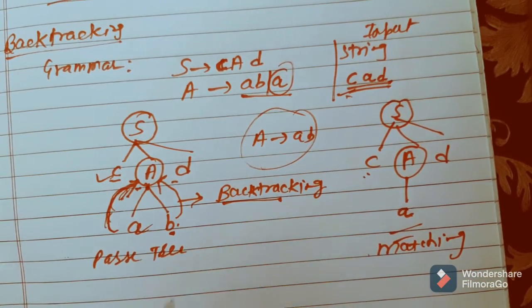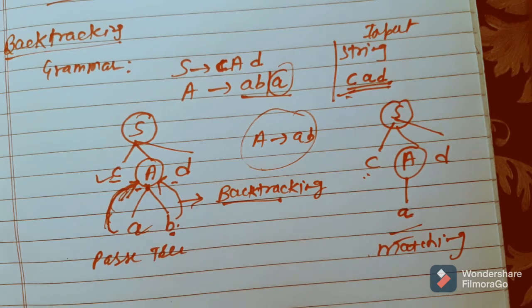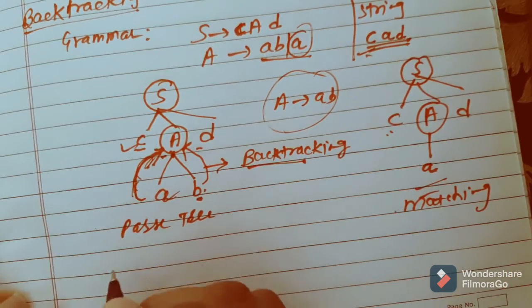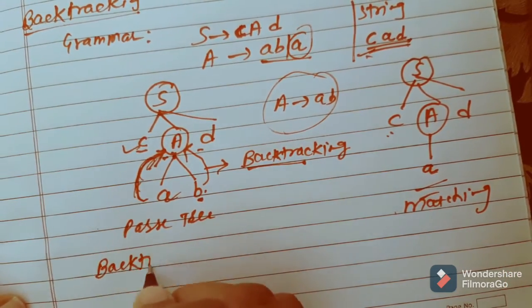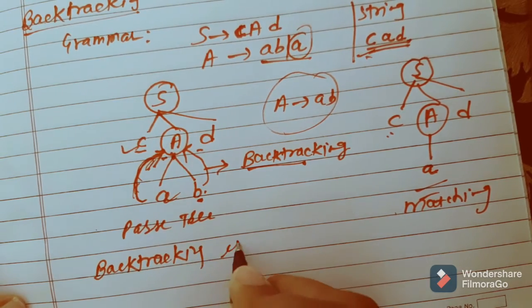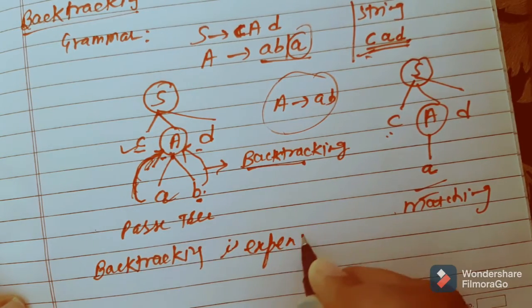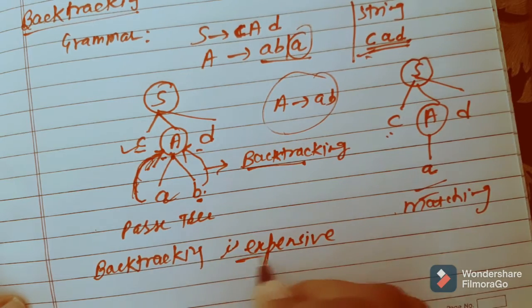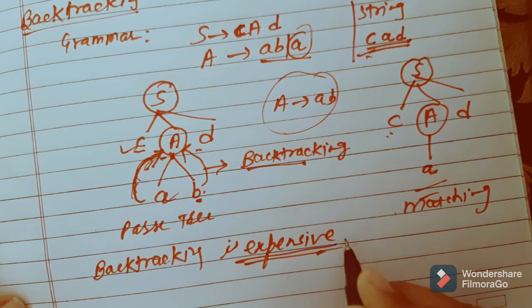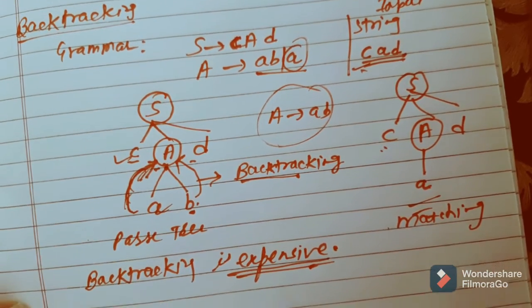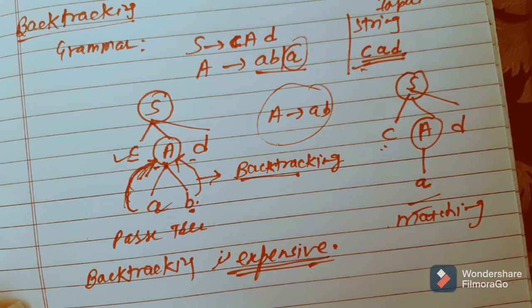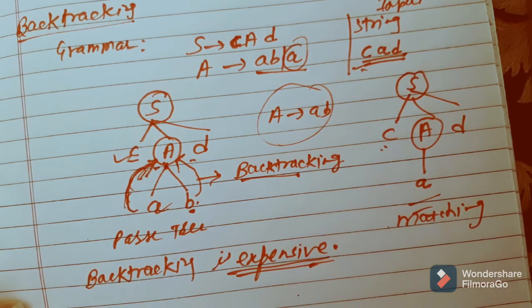But here backtracking is taking place, and backtracking is expensive. We have studied backtracking in data structures. Backtracking is expensive because we first go forward, then we go backward, so it is a time-consuming as well as an expensive process.